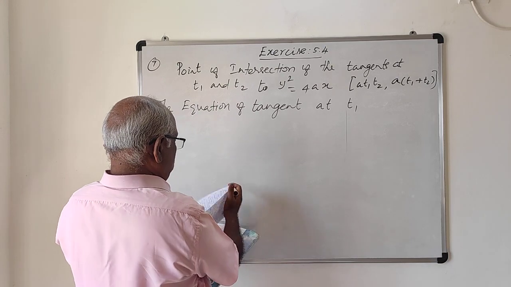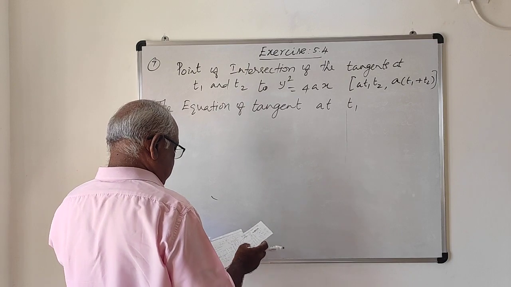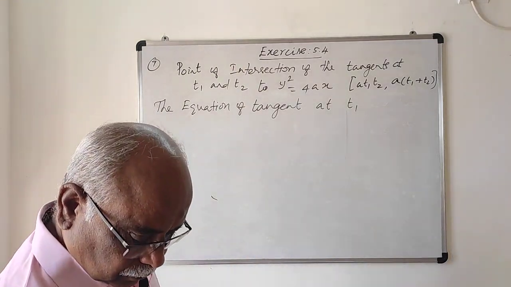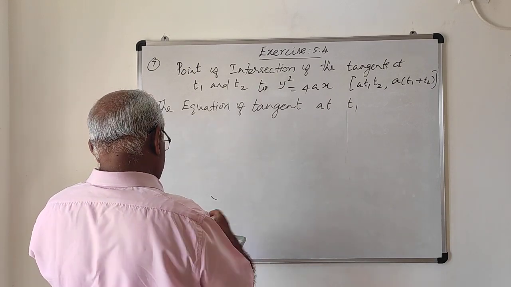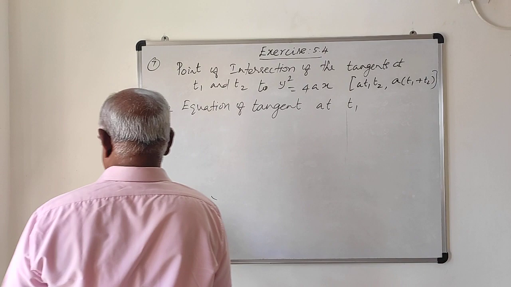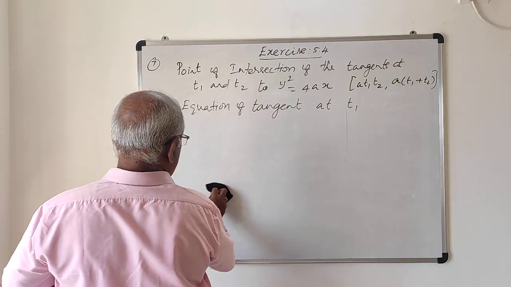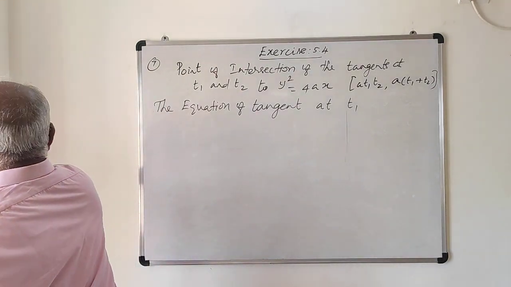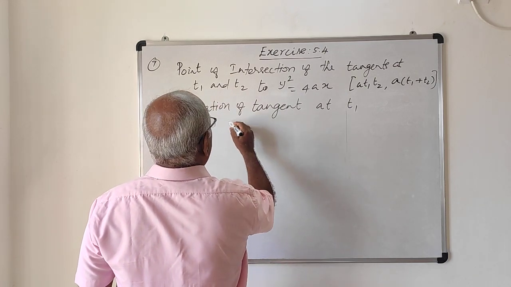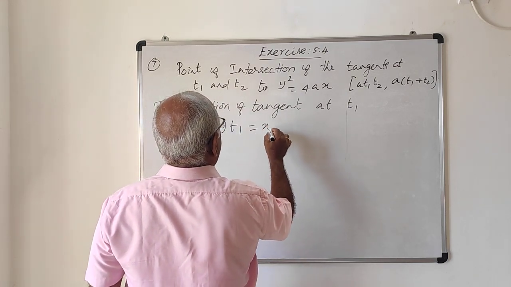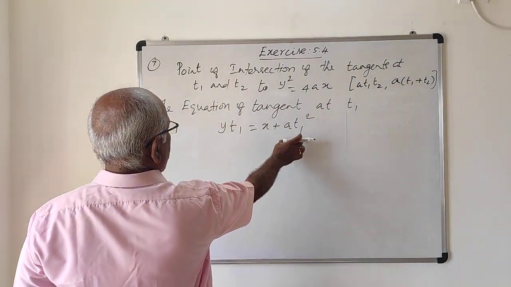So the tangent at t1 is y t1 equal to x plus a t1 square.